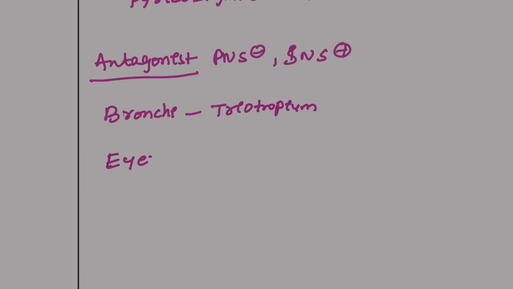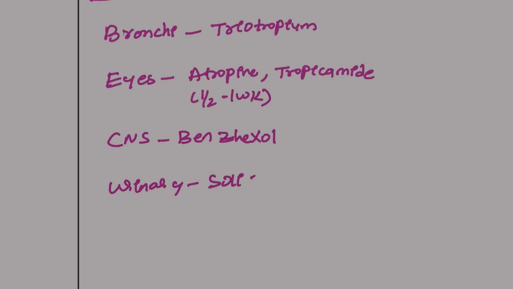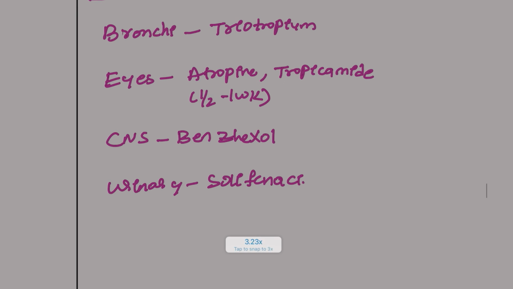If I use this on the eyes, those are atropine or the tropicamide. Okay, atropine half-life is around 1 week. If I use by the eyes, mydriatics, and for the CNS, it is the benzhexol for the Parkinson's patient, and for the urinary bladder, it is going to be the solifenacin. Solifenacin. These are the drugs, right?